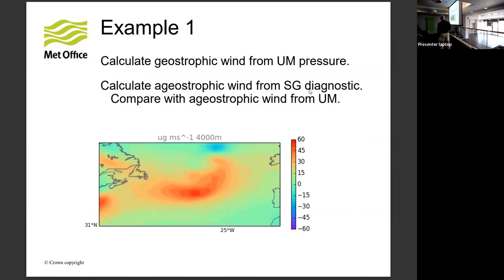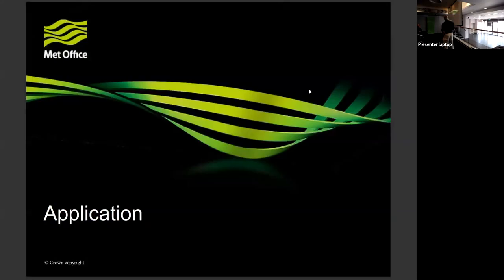Right, so the first test is you calculate the geostrophic wind from the Unified Model pressure. I'm using the example I've just shown you, somewhere over the Atlantic, so safely at middle latitude, safely away from mountains, where it should work. So that's the geostrophic wind, which I'll store. Then I'll calculate the geostrophic wind from my semi-geostrophic solution procedure. I'm just going to remind you of that bit.